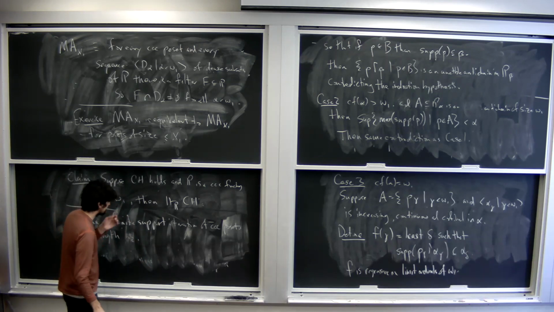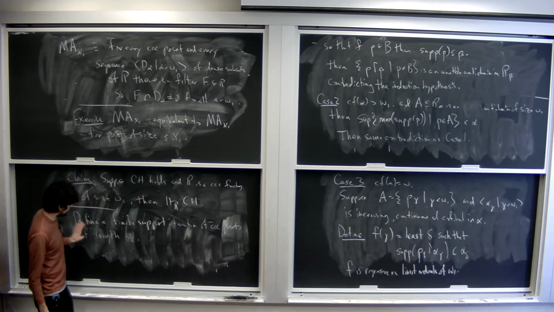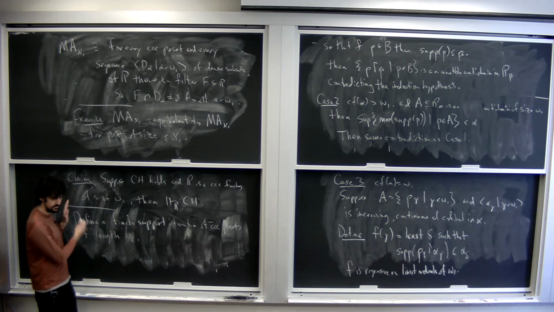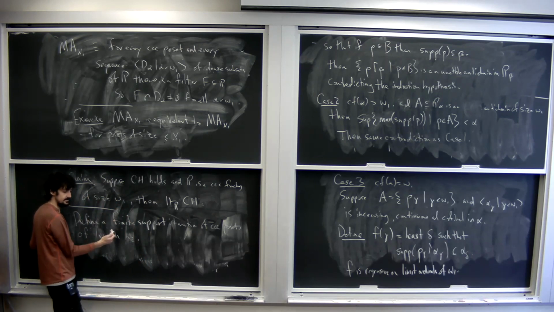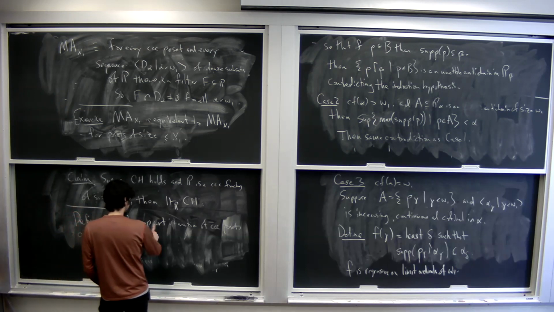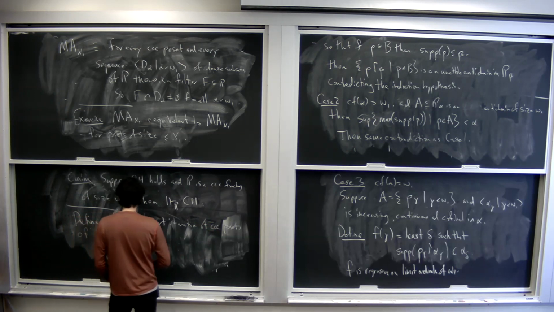It's going to be true that at every step below omega 2, CH is preserved by this claim. So the iteration so far is going to be a CCC forcing of size aleph 1, because it's an iteration up to some ordinal less than omega 2. And I should say that at each successor step, we're going to pick a CCC forcing of size aleph 1 to do. So, a finite supported iteration of CCC posets of length omega 2.